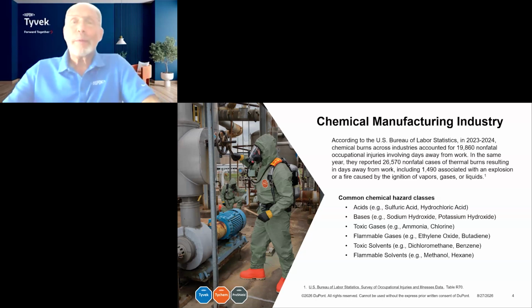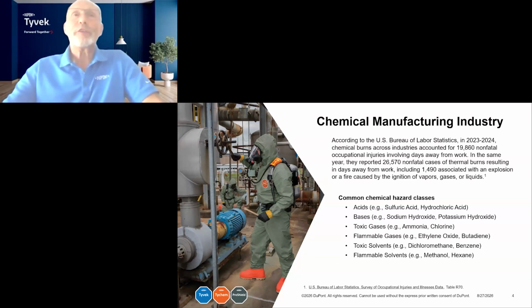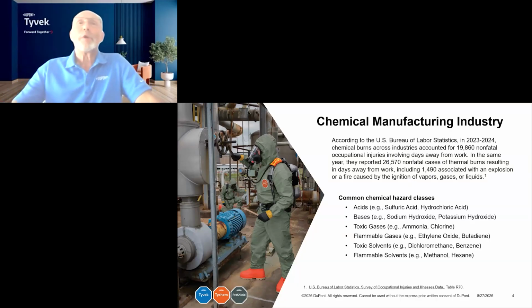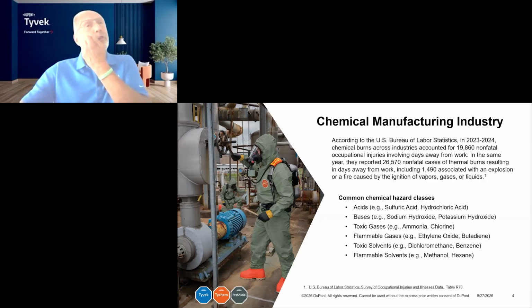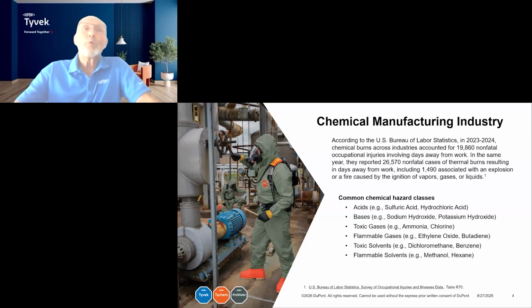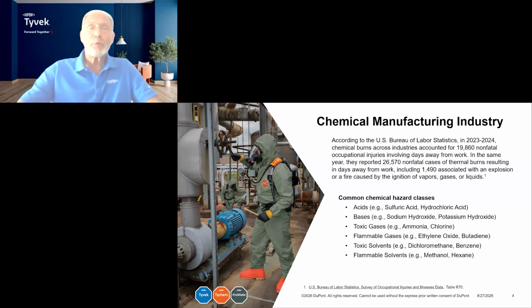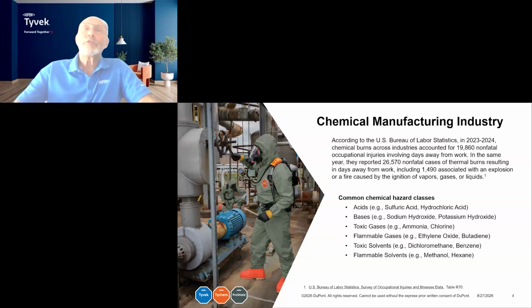So recently, the Bureau of Labor Statistics, which takes a look at injuries throughout the industry, did a survey where they identified thousands of chemical and thermal burn injuries across the chemical industry. Some of these were associated with fire or explosion incidents. We're all aware of the wide-ranging chemicals being handled on a routine basis in this industry.